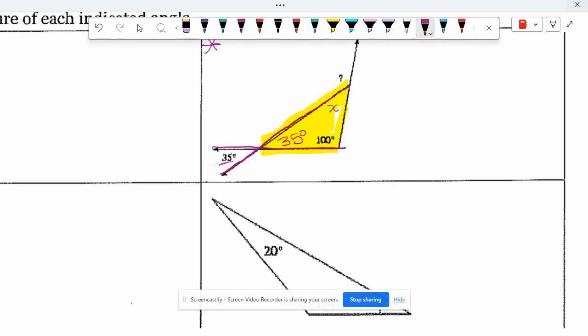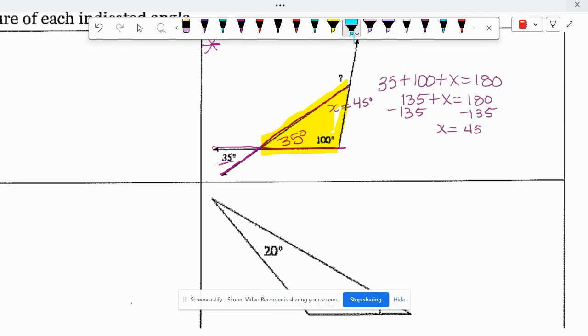I'm going to call it x. So 35 plus 100 plus x equals 180. That's 135 plus x equals 180. When I subtract 135 from both sides, I find out that x equals 45. So this angle right here is 45 degrees.